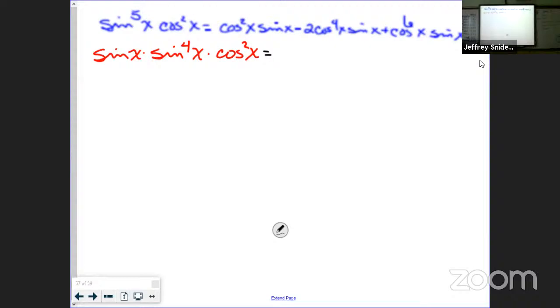So it looks sine squared x. And where this sine x, I'm not sure what's going on here.